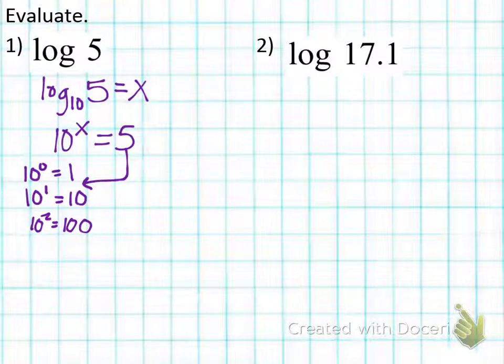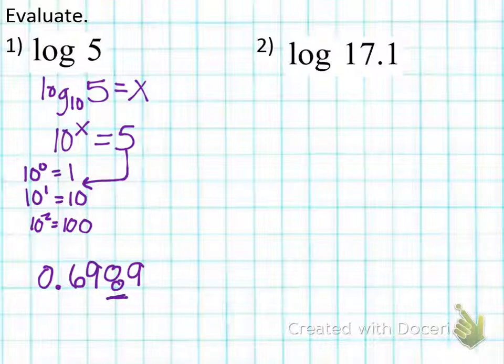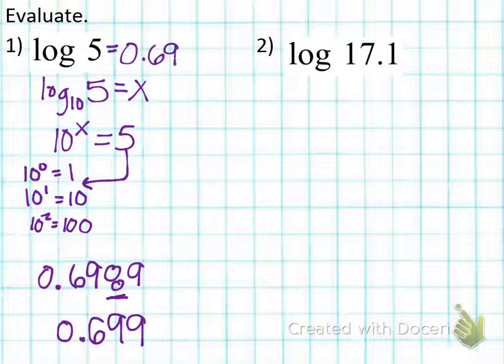Doing that on the calculator gives me a final answer of 0.6989, and again rounding to the nearest thousandth, that would give me 0.699. Okay, so you could write that up here. So log of 5 equals 0.699.